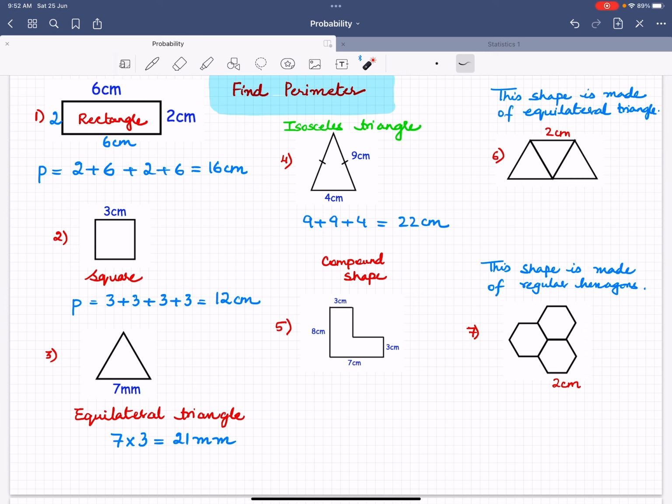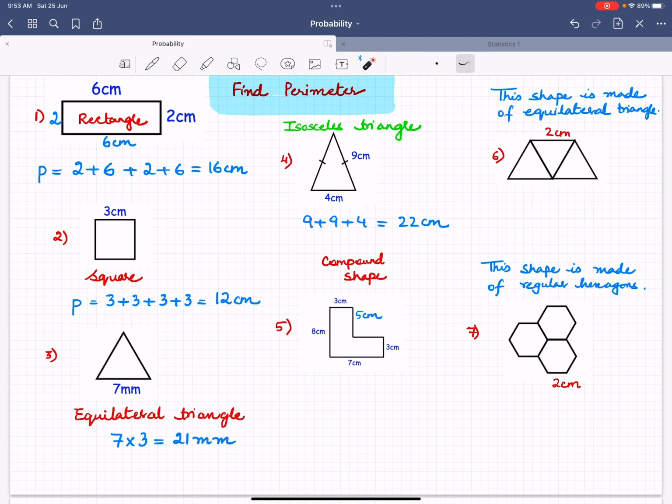When the missing length is vertical, we look at the total vertical length. The total vertical length is 8 centimeters. From 8 centimeters, we can subtract 3 centimeters to find the length of this vertical length which is missing. 8 minus 3 is 5. Therefore, the length of the missing vertical line is 5 centimeters. So let's write here 5 centimeters.